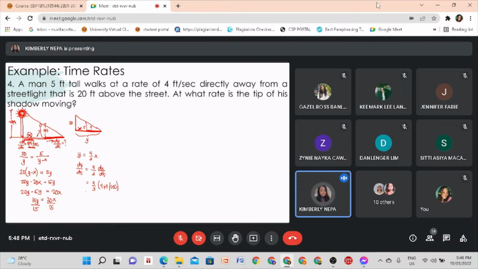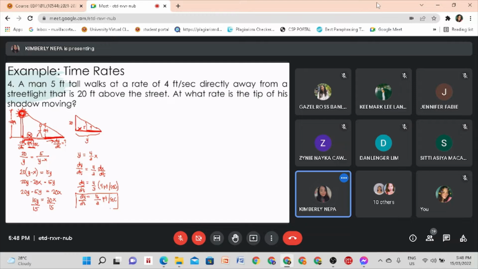So, how much is our dy over dt? 16/3 po. Feet per second. So, mao daw ni ang rate na naga-change iyahang shadow or naga-move iyahang shadow.